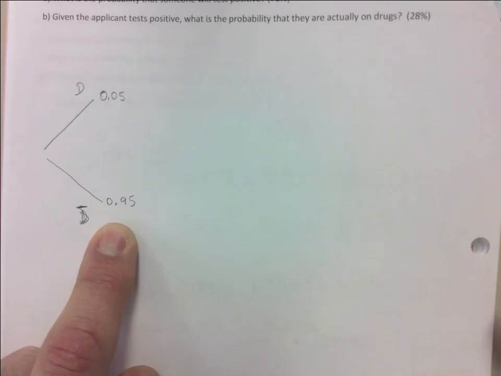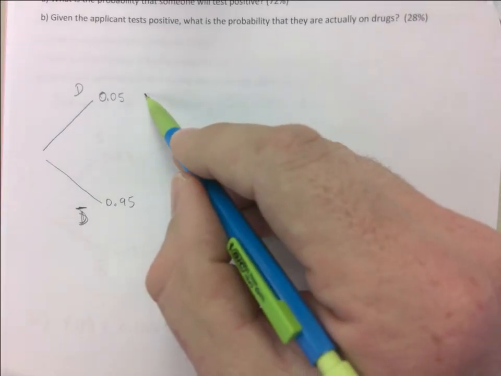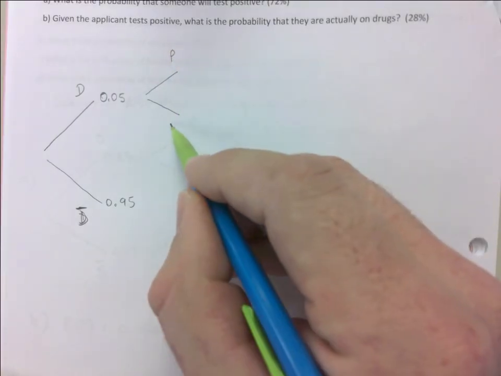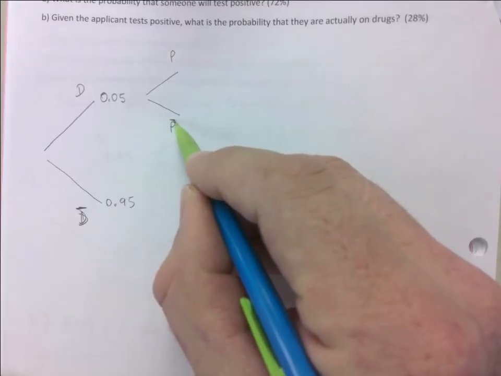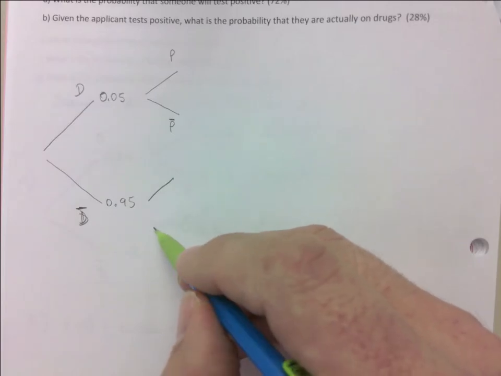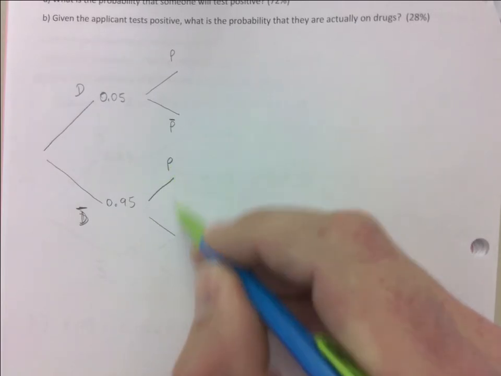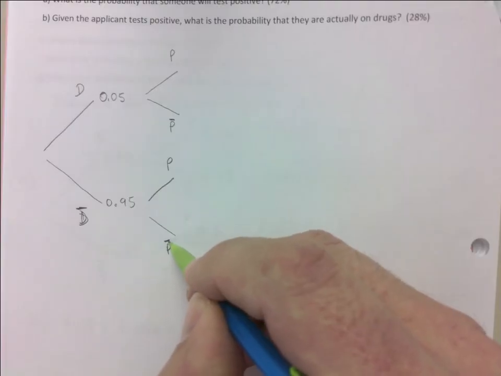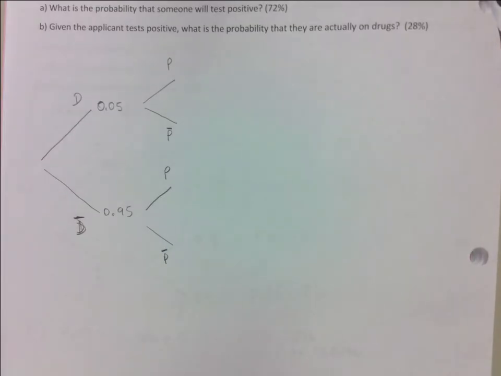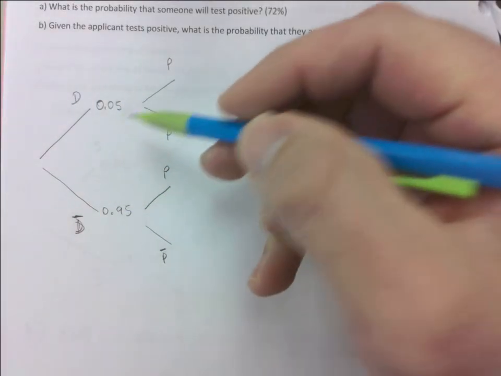And then for each case, you will either test positive or negative, so positive or not positive. You can say positive, negative if you'd like, like rainy, sunny instead of sunny, not sunny. But I think the "not" helps you realize that these need to add up to 100%, right?